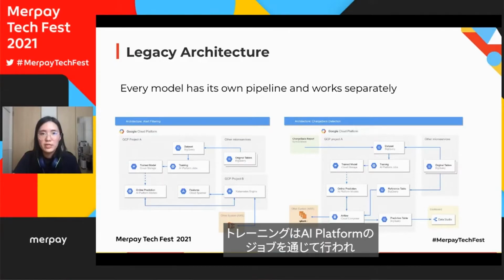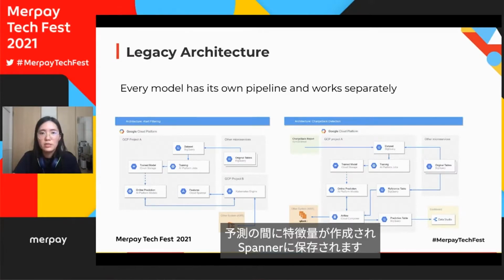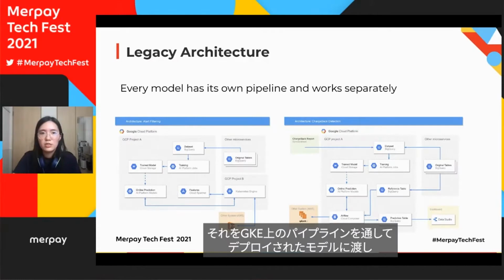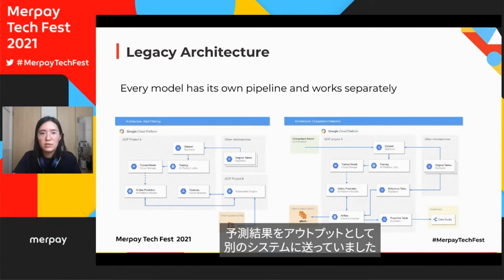The model training is done through AI Platform training jobs, and the model is deployed to AI Platform models. During the prediction, the features are created and saved in Spanner, passed to the deployed model by pipelines run on GKE, and send the prediction results to another system as the output.